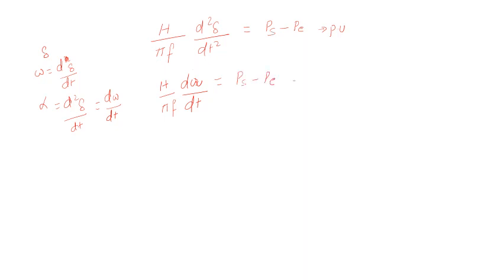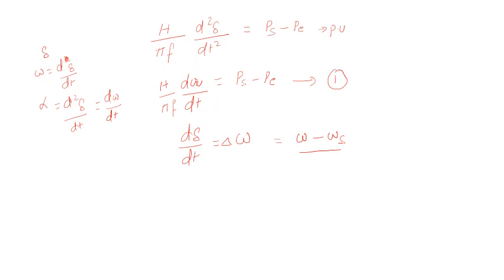So this is equation number 1, and the next equation you can write here is d delta upon dt equals omega, but this omega is actually the change of velocity. Change of velocity means omega minus omega s, the change with respect to your synchronous speed.